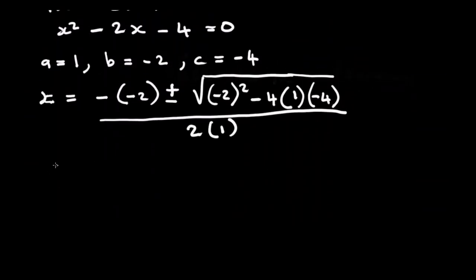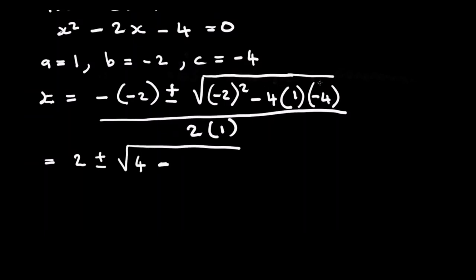Let us simplify here. A negative multiplying a negative gives a positive. So here it's 2 plus or minus the square root of, the square of a negative number is positive. So minus 2 squared is 4, minus 4 times 1, it's minus 4.